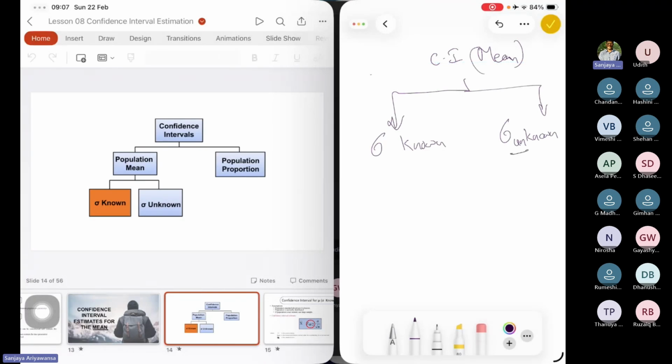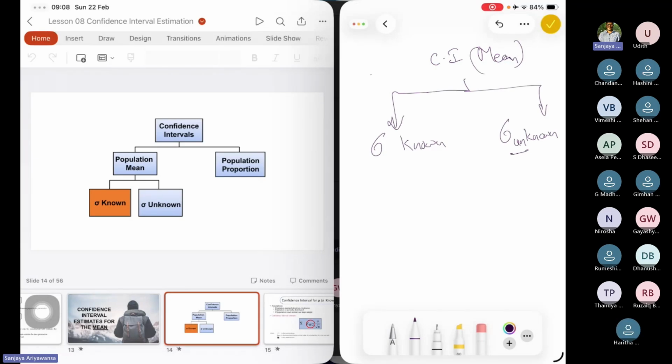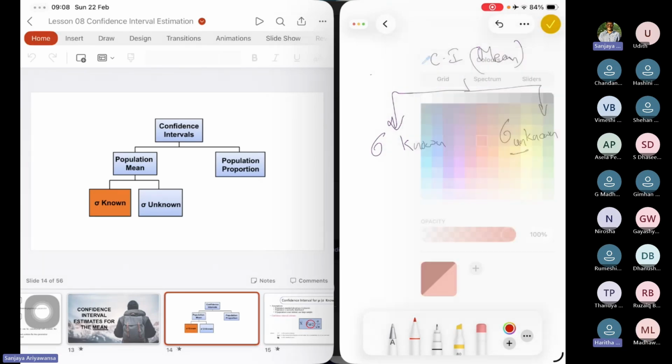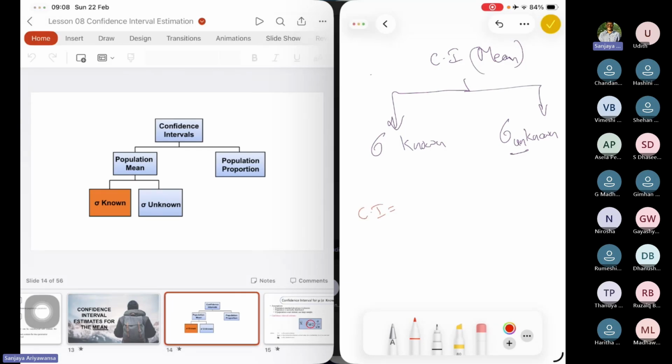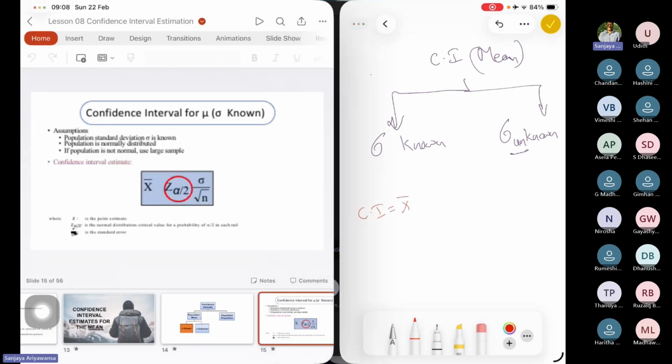When the population standard deviation was known, the confidence interval was the point estimate.